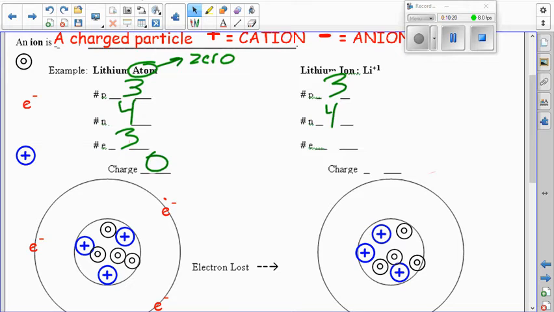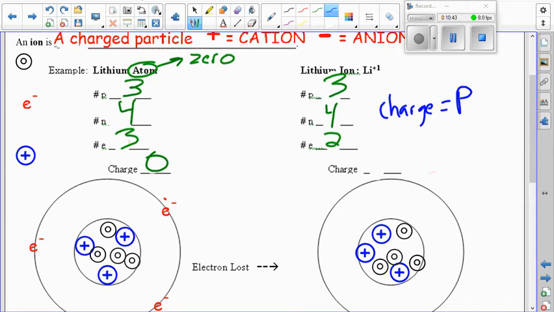Okay. And now, Andrew. Over here, I got a charge of +1. So how does that affect my electrons? How many electrons am I looking at at this point? 2. It'll just be 2. Again, if you're focusing on the charge equation, remember this. Charge equals protons minus electrons.